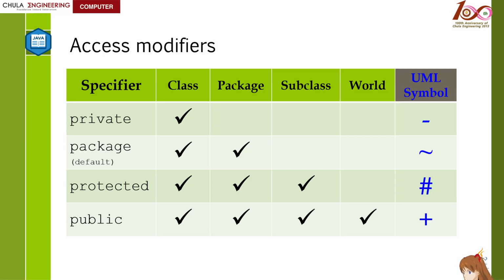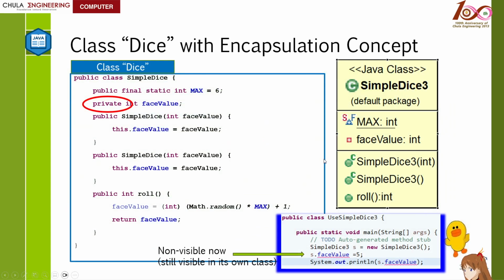Alright, we have seen an example of the private access modifier before, right? When we dealt with the car example. So this slide is just a reminder. If you make your variable private, then another class cannot directly access your variable.